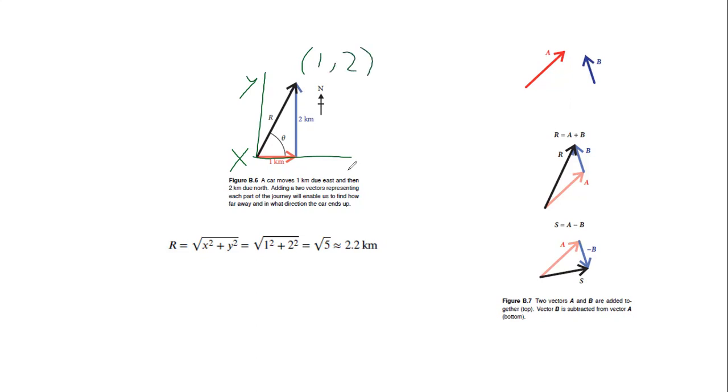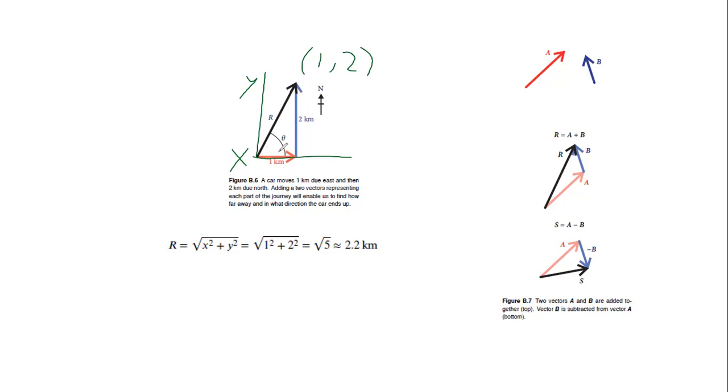That's cool. We know that. But then let's say we want to know, well, we know how long this vector is. This blue vector is 2 kilometers long, and this vector right here is 1 kilometer long. So let's say we want to add these vectors, but we want to find out how long this vector is.